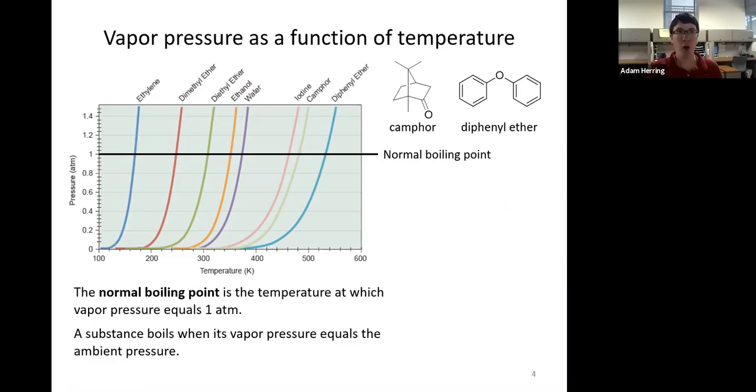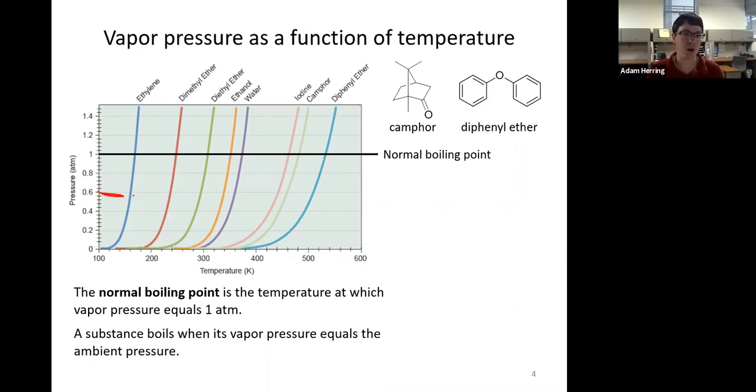So if you go higher in elevation, this is what causes substances to have lower boiling points. At higher elevations, the atmospheric pressure is lower. Because the atmospheric pressure is lower, the pressure that a substance needs to achieve in order to boil ends up being lower.